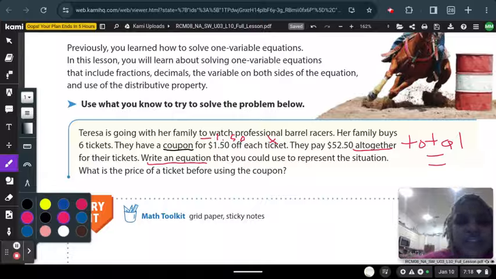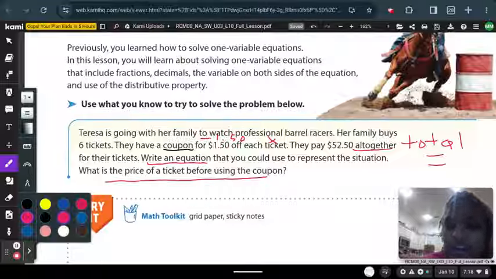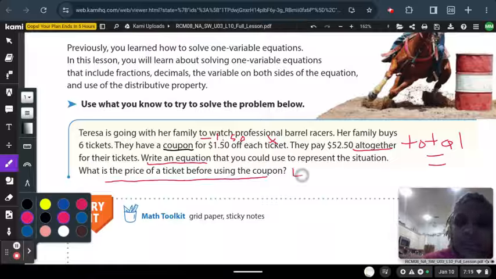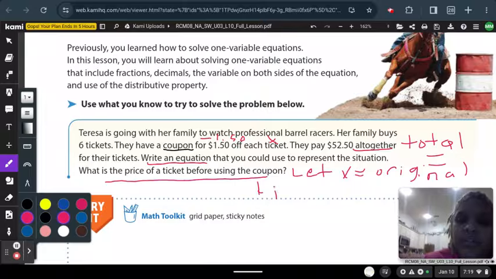Because it says, what is the price of the ticket? So that means X again is the ticket. So we're looking for X. So we're going to say, let X equal the cost of the ticket. So let X equal the original ticket price.